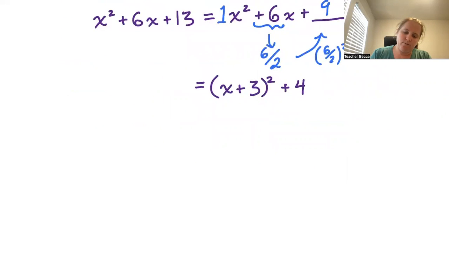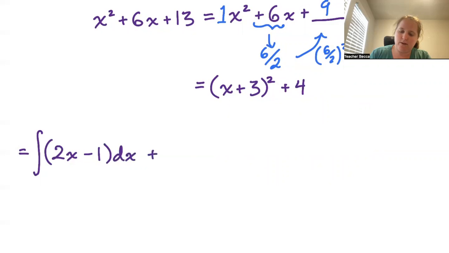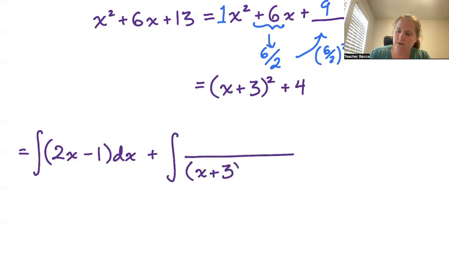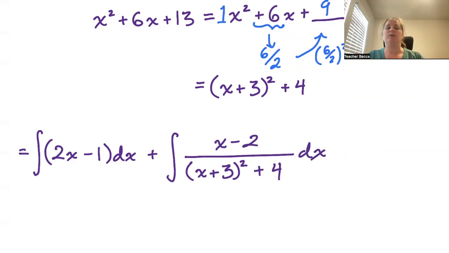So our integral, we are looking at the integral of 2x minus 1 dx plus the integral of x minus 2 over, in parentheses, x plus 3 squared plus 4, dx.